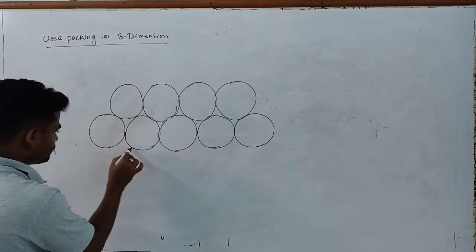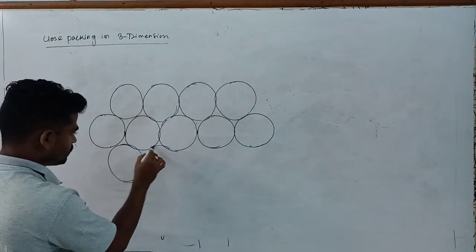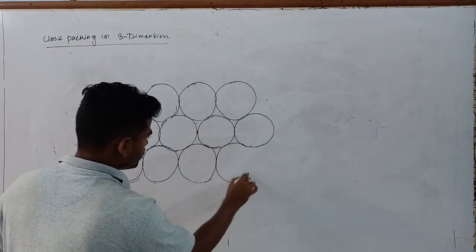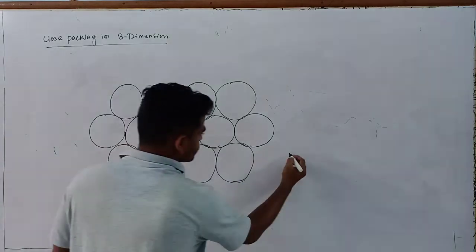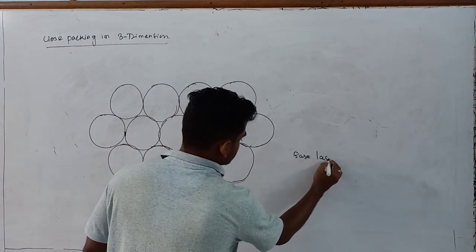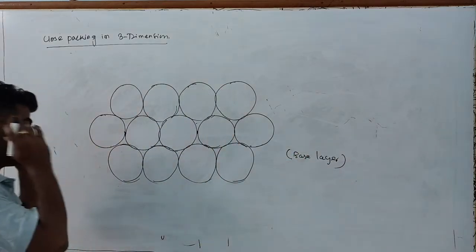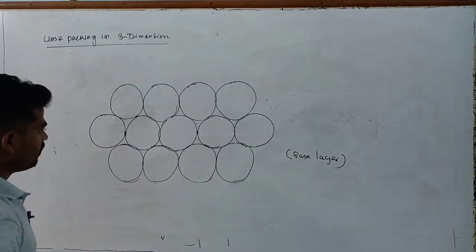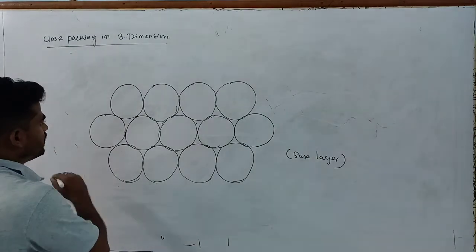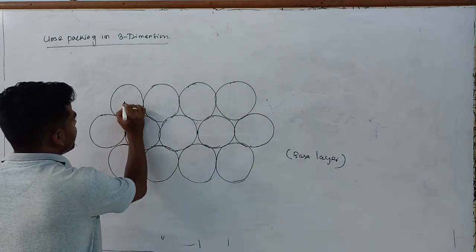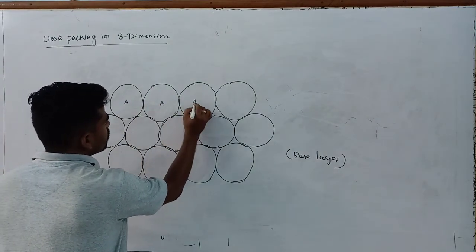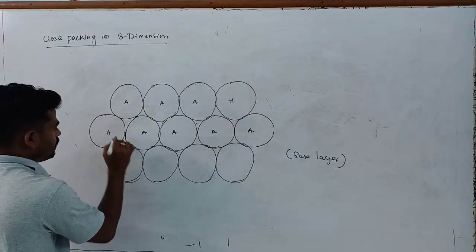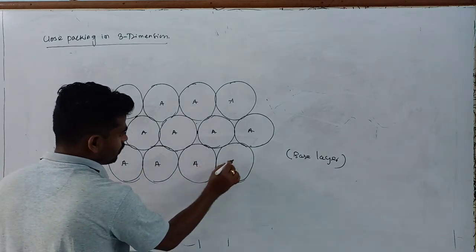This is my first layer, or you can say this is base layer. So if I place the second layer, this one is base layer, you can designate this base layer as A. All the spheres are designated by capital A. This one represents your first layer or base layer.